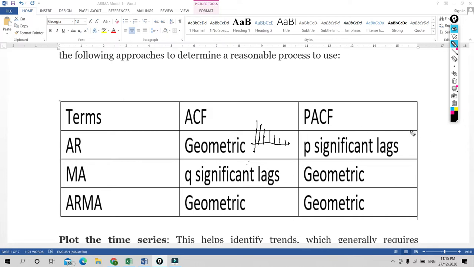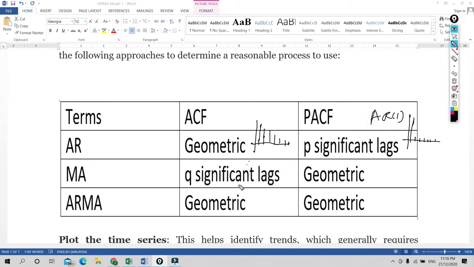Whereas for the PACF, we find the graph is like this, then goes down here. This is what I call AR1.